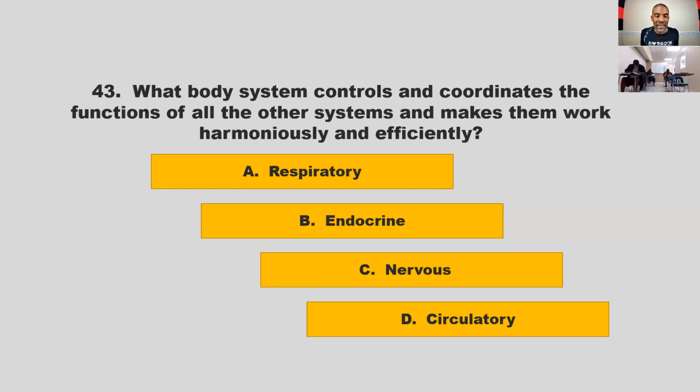What body system controls and coordinates the functions of all the other systems and makes them work harmoniously and efficiently? Is it the respiratory, endocrine, nervous, or circulatory?